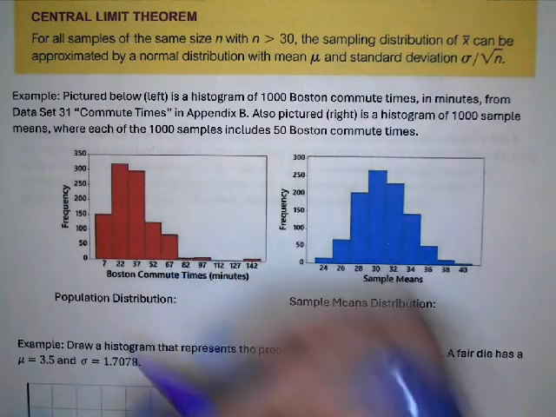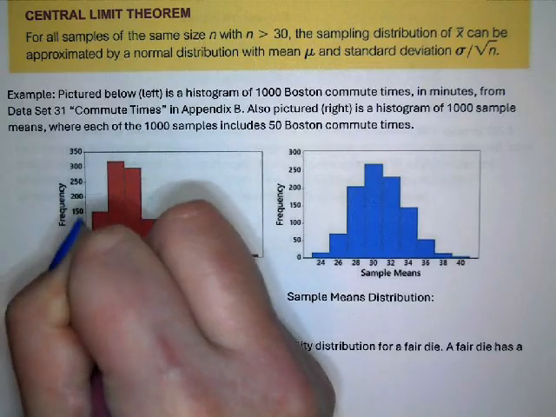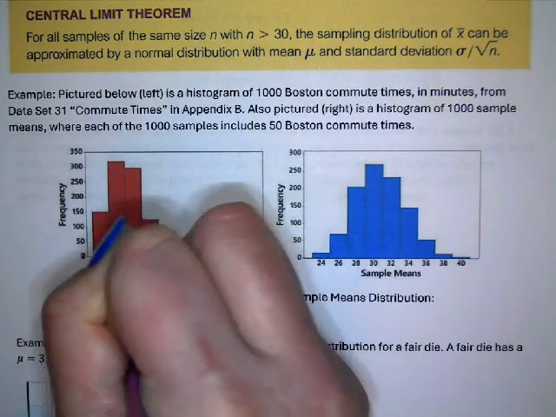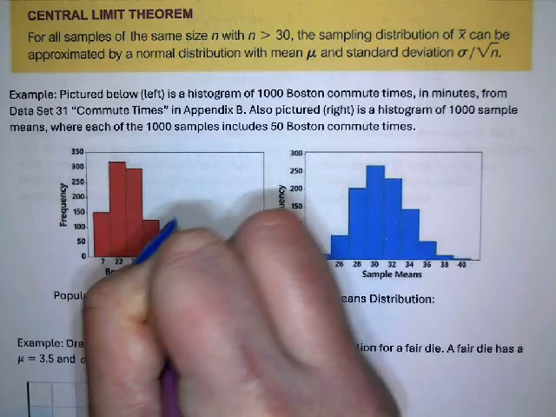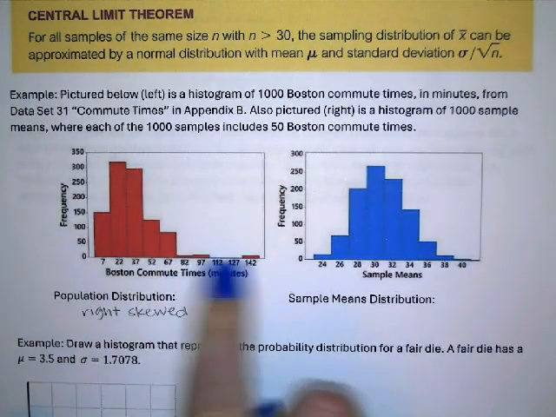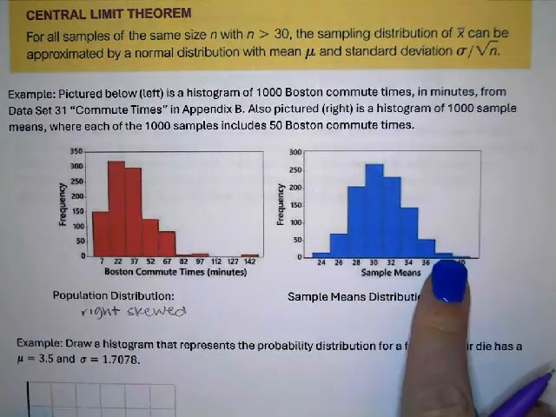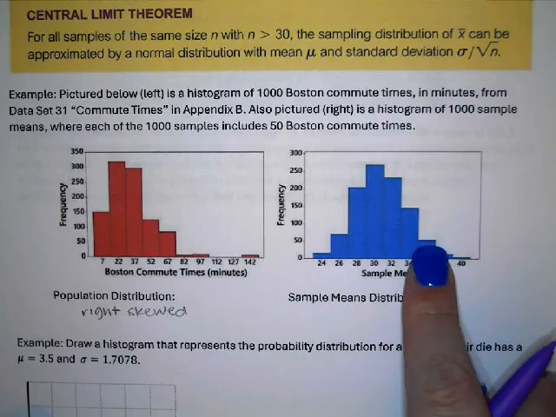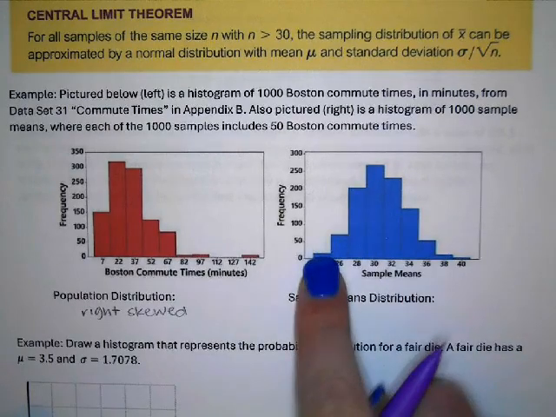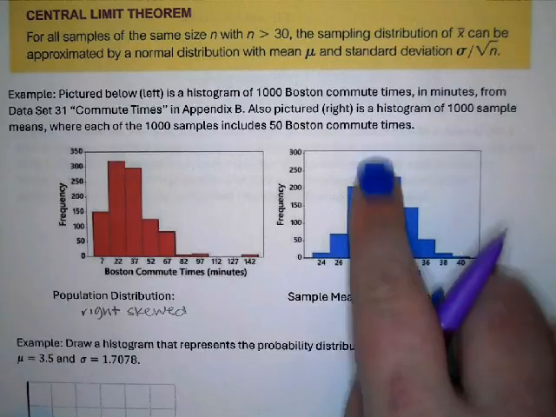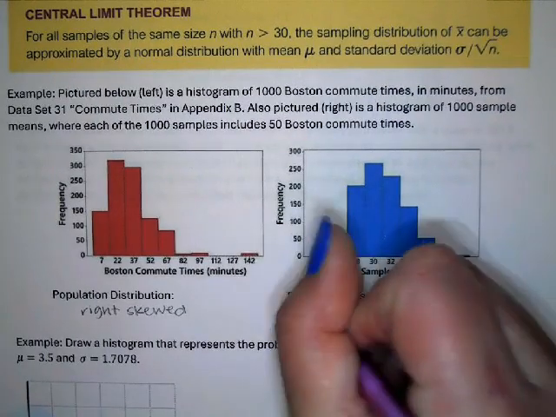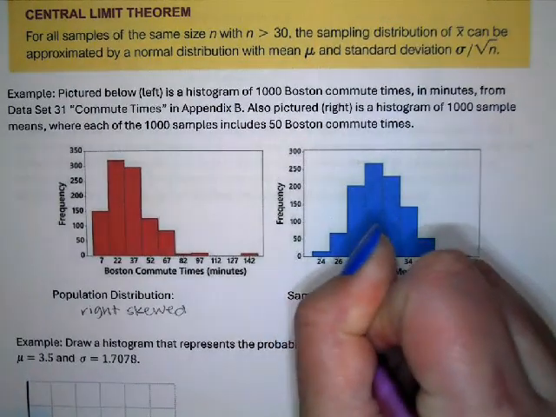So here this is definitely a right skewed distribution. The skew is to the right, and then here when you look at the sample means, you can see that this is approximately normal. It's definitely unimodal, right there in the middle, but it's approximately normal.